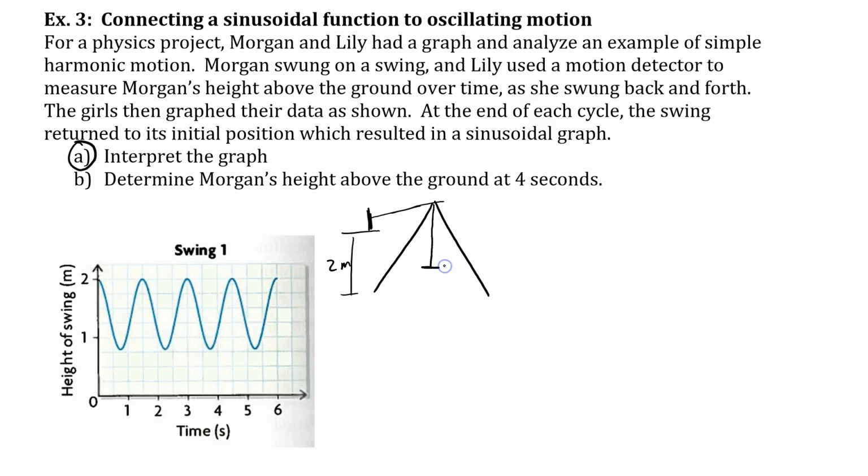So here's my swing, and I'm going to say that this right here is 1 meter. So it dips right below here, and then it hits a maximum again. The maximum being 2 meters. So this right here is the swing.